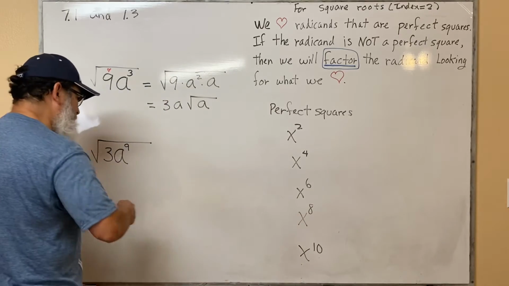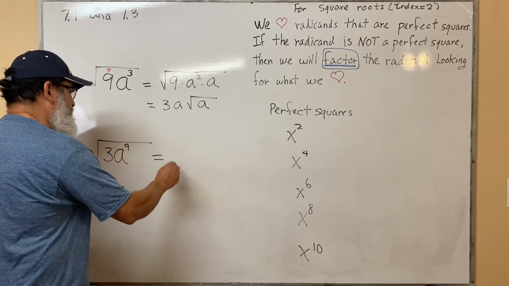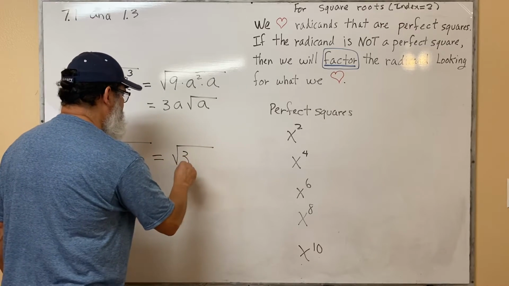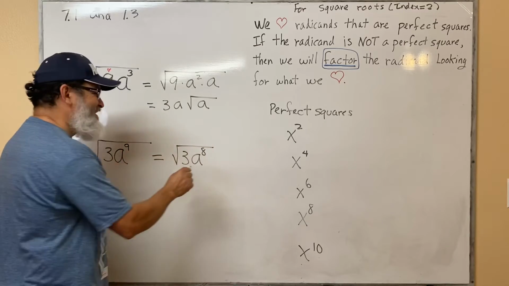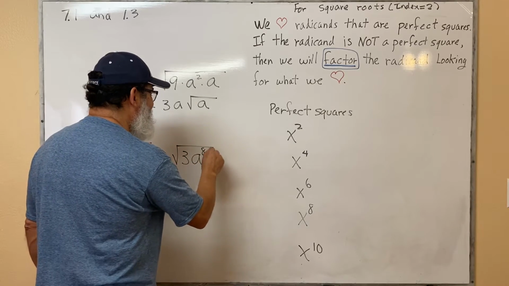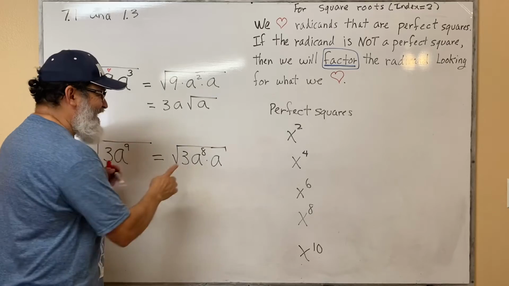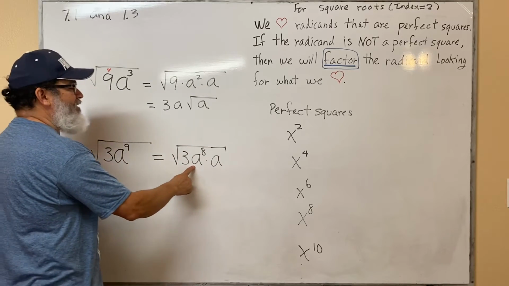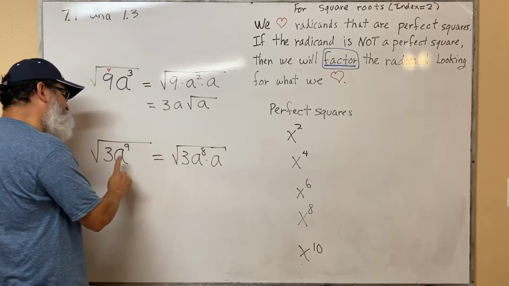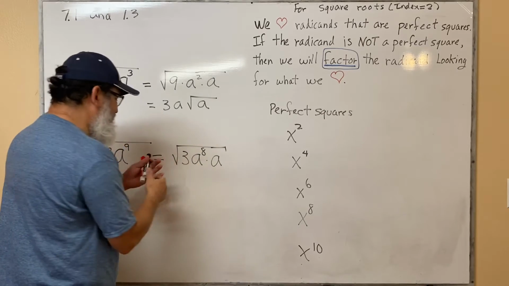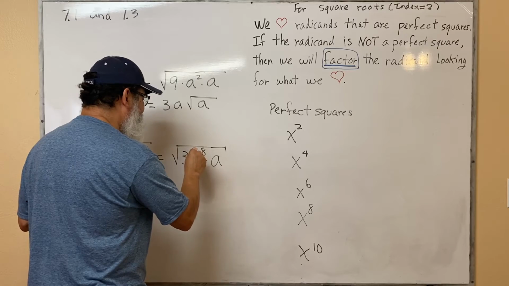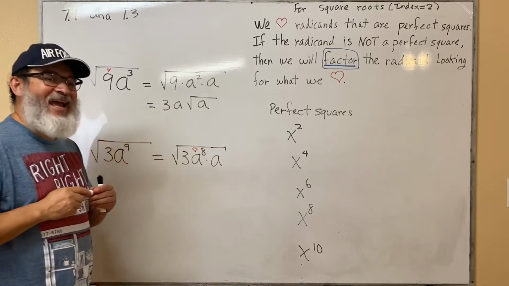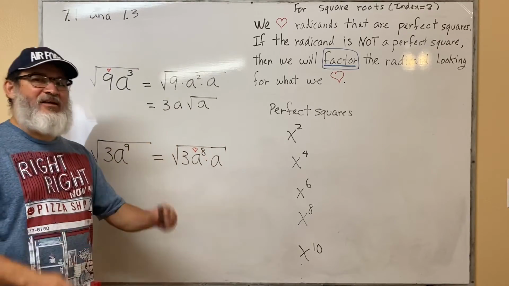Okay, that makes sense. So therefore this is the square root of 3, a to the 8th times a to the 1st. A to the 8th times a to the 1st is a to the 9th, but a to the 8th is what I love. I do.